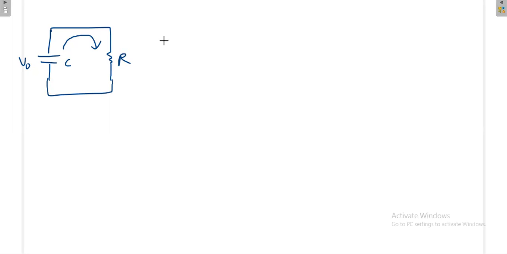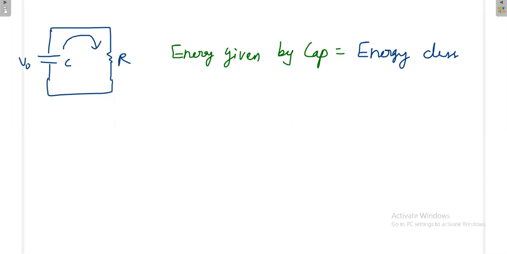So finally, the energy given by the capacitor is equal to the energy dissipated by the resistance, because only two elements are there. The capacitor is giving the energy, the resistance is accepting the energy. After accepting the energy, it is dissipating. So the energy dissipated by the resistor.